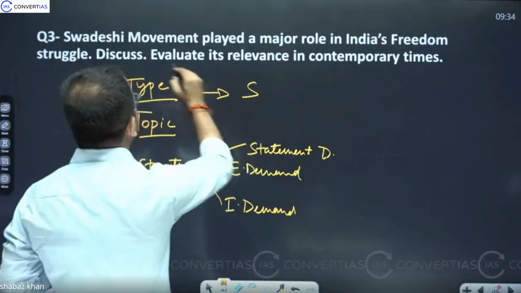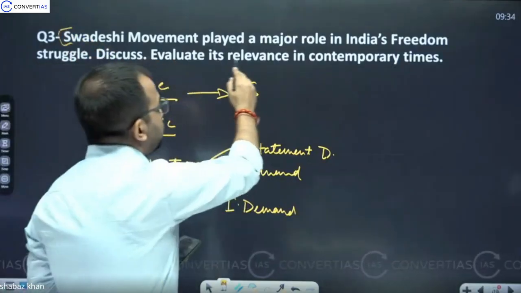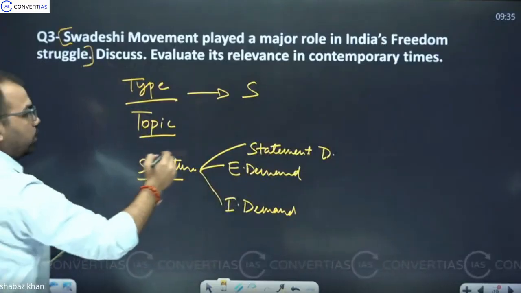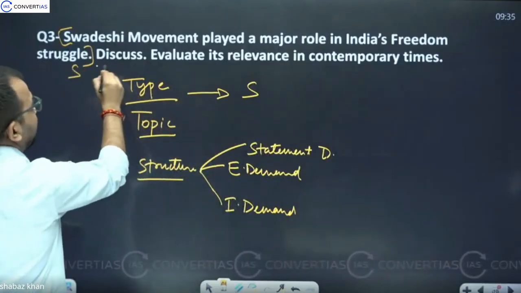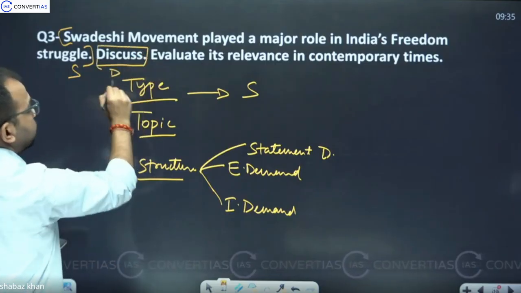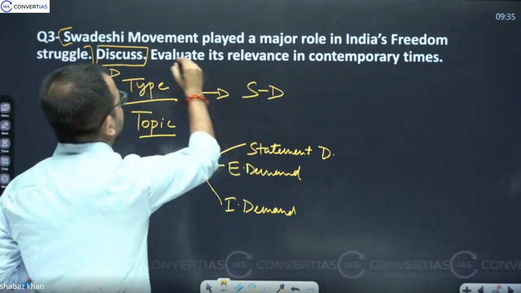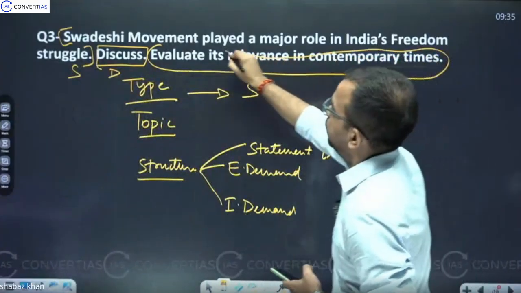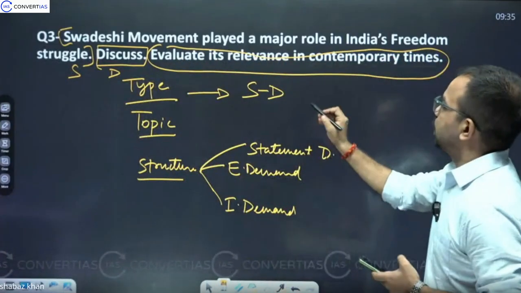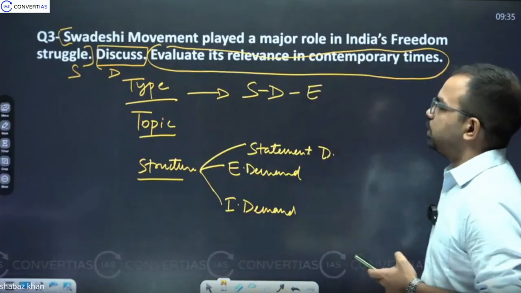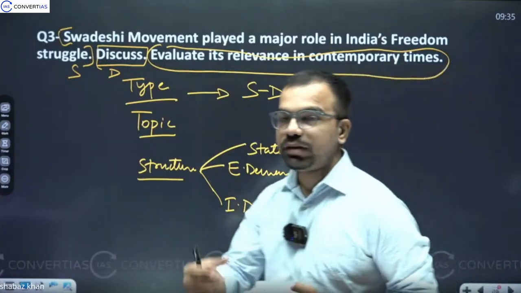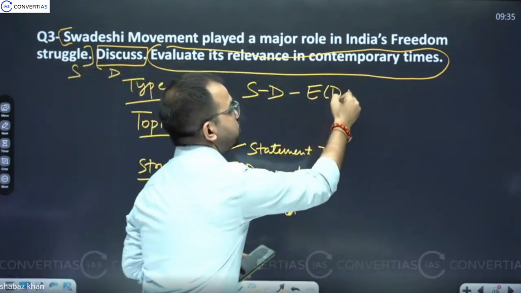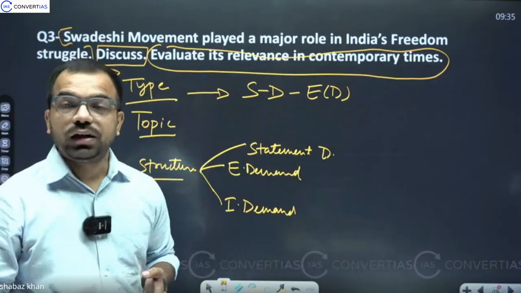Is it first the statement came? Swadeshi movement played a major role in India's freedom struggle. Okay. Then the directive word came. Then again, starting with the directive word, the explicit demand came: the relevance in contemporary times. So you can call it the explicit demand. But the explicit demand has a directive word, which is analytical. Okay.